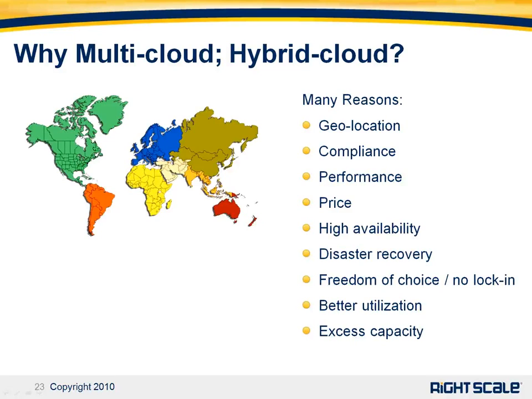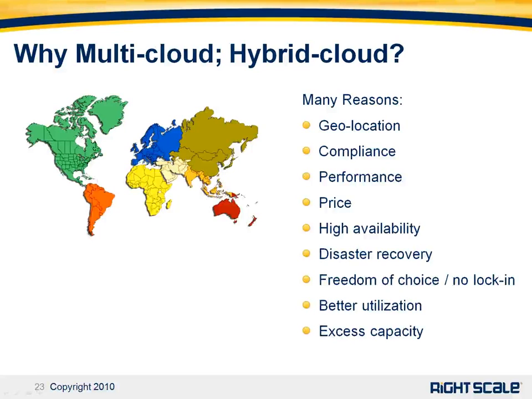But also it becomes very, very important when you start to have to worry about things like geolocation, compliance to do with local laws and whatnot, performance if you need to make sure that those resources are in close proximity geographically to users. Price, of course, is a big issue. If you guys on the call here have used more than one region at Amazon, for example, you're aware that they actually price those differently.